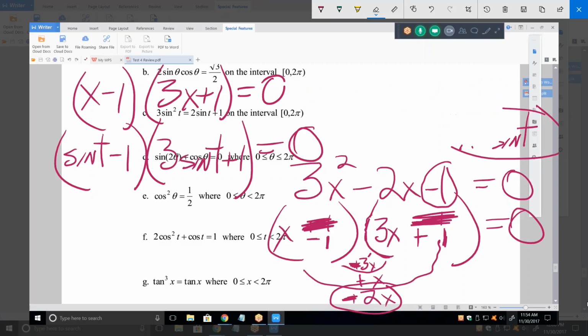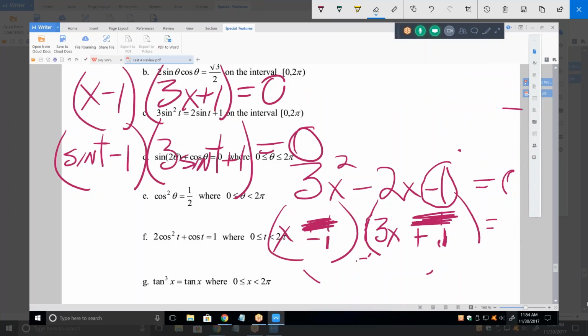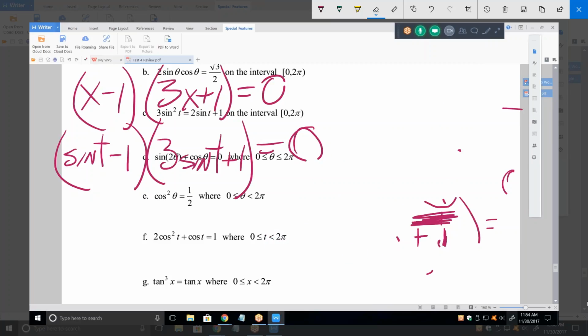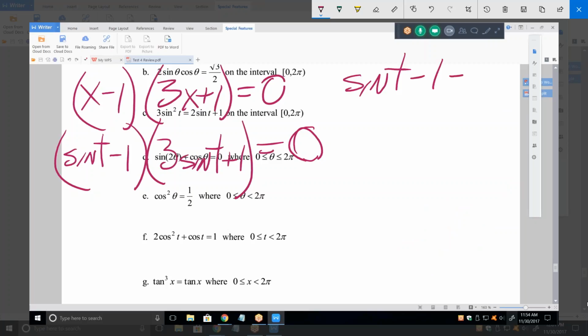Now solve that. It's a quadratic. You got two things multiplied together that equals 0. How do you solve it? Set 1 equals 0. Okay, so I got sine t minus 1 equals 0. Solve that. Sine t equals plus 1.